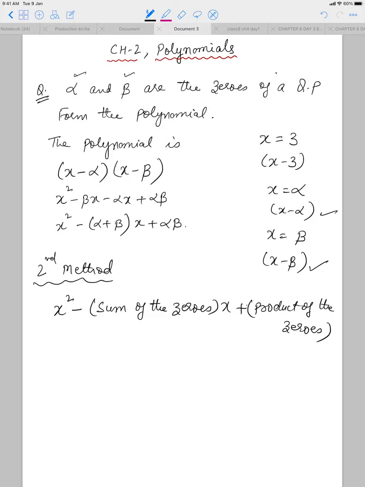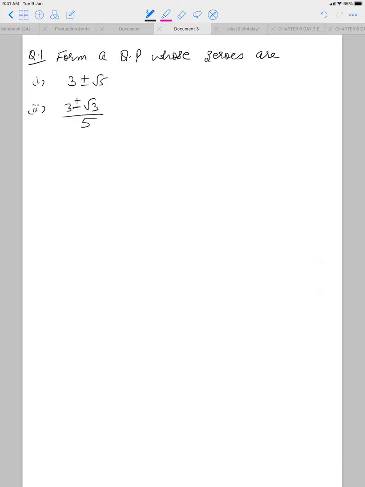So here alpha and beta are the zeros, so the polynomial formed will be x square minus sum of the zeros, which is alpha plus beta, into x plus product of the zeros, which is alpha into beta. Now these two polynomials are exactly the same. So we have two ways of forming a quadratic polynomial when the zeros are given to us. Now let us do some questions based on this concept.